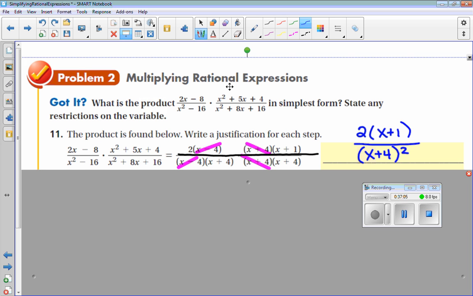No big deal. Now, what are the restrictions? What can't x be? So x can't be positive 4 because it canceled out over here on the factor. It can't be negative 4, and that's also what's in the bottom.